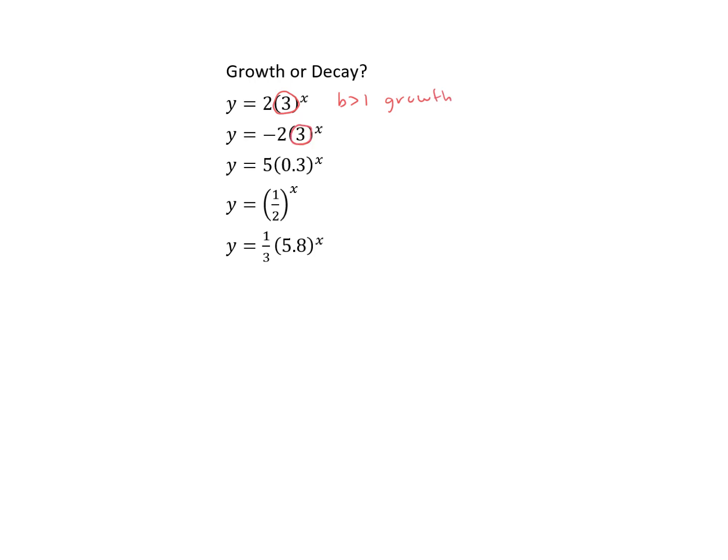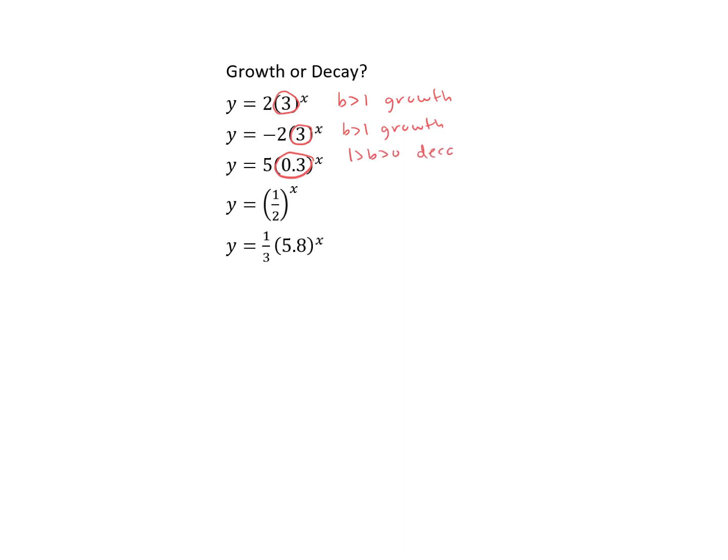Here again it's 3. Don't worry about the negative on the 2. The 2 is the starting amount. So 3 is what we're looking at, the common ratio. It's greater than 1, so it's growth. In this bracket, we get a decimal that's less than 1 but greater than 0. So B is less than 1 but greater than 0.